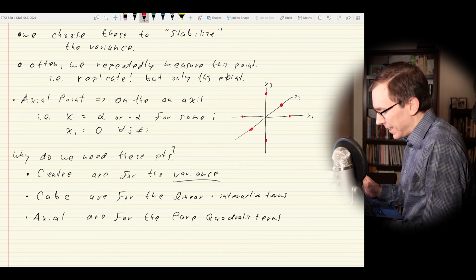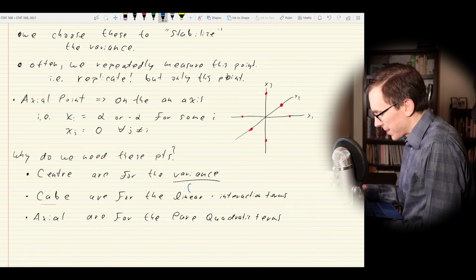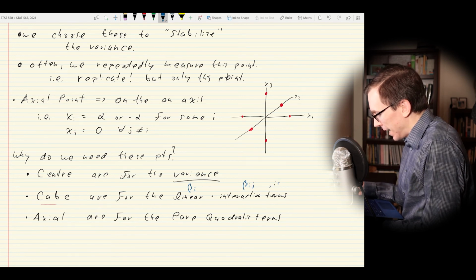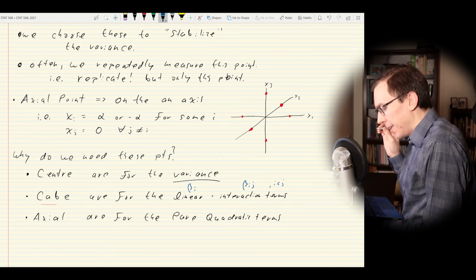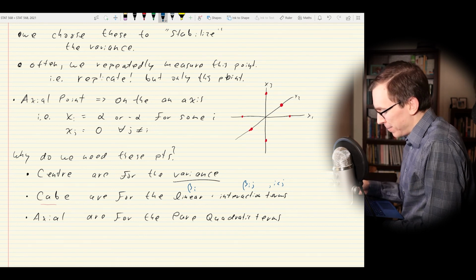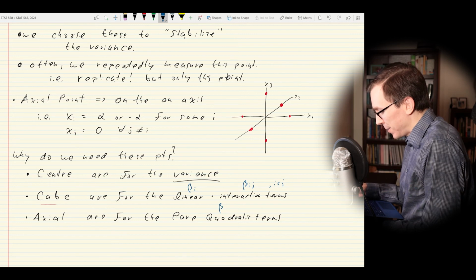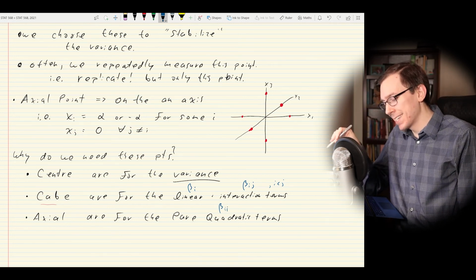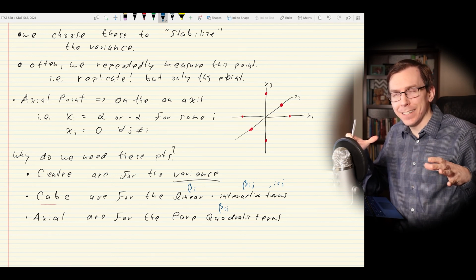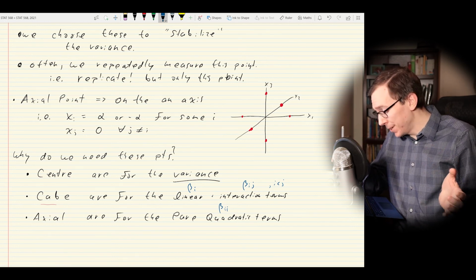The point of the cube points is to estimate the linear piece, which is the beta i and the beta ij for i less than j. Meanwhile, the purpose of including the axial points in our model is so that we can get a handle on the pure quadratic effects that are hidden in the relation between the input and the output.